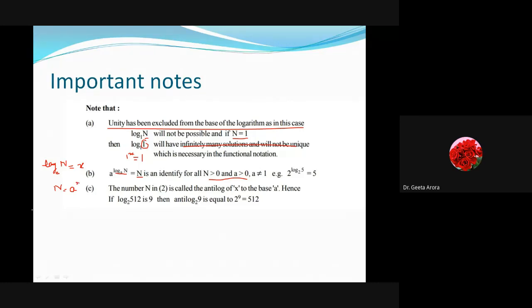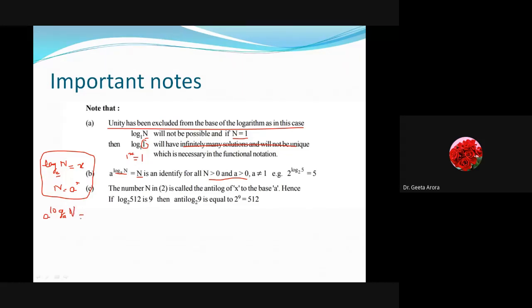If we take this a, the same number as base, with the power of log n with base a, earlier we have learned that if log of n with base a is x, it means n is equal to a raised to power x. If we are taking the power of a as log n with base a, this is what this definition is saying.